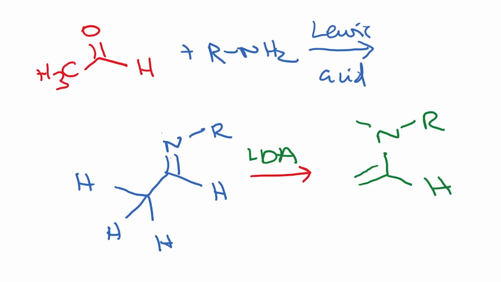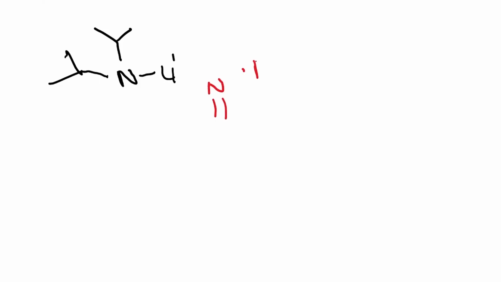So this is the aza enolate that is produced, and now this aza enolate is in a position to react with an aldehyde. But before we go ahead, let me quickly write out the mechanism of this reaction. The way LDA is going to react is, this is LDA, which has 2 isopropyl groups, right? And it has the lithium over here, and here's your imine, and this is the hydrogen that's going to be abstracted.